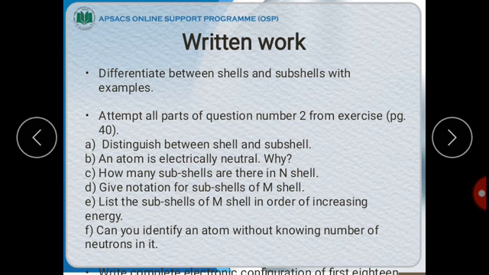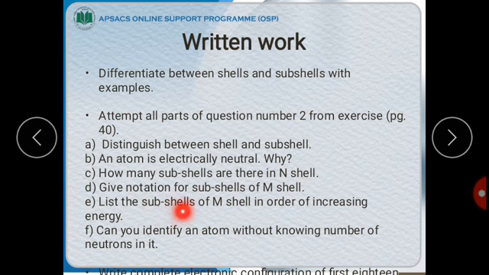As you know, the charge on a proton is positive and the charge on an electron is negative. See how many subshells are there in the N shell. The N shell is present at the 4th number. Give notation for subshells of the M shell.